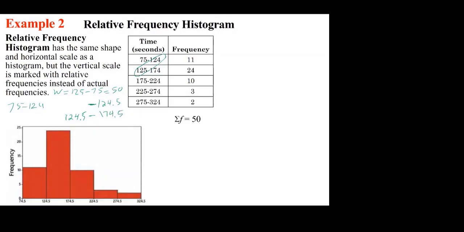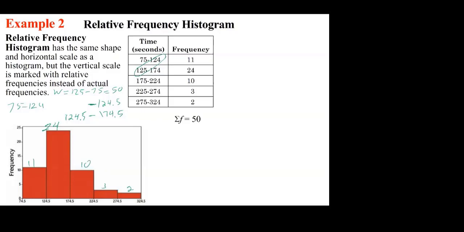You can subtract 50 from 124.5 and you get 74.5. And this is the histogram that you have. Very straightforward. And the largest one, of course, has the frequency of 24. So this corresponds to 24, 11, 10, 3, and 2.